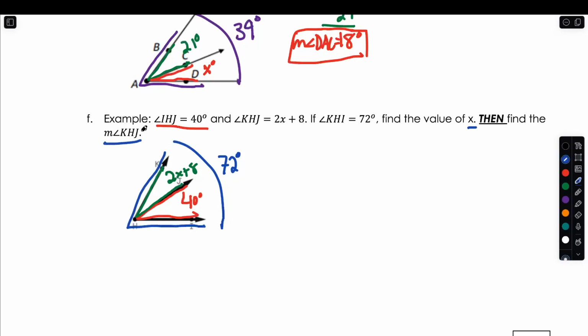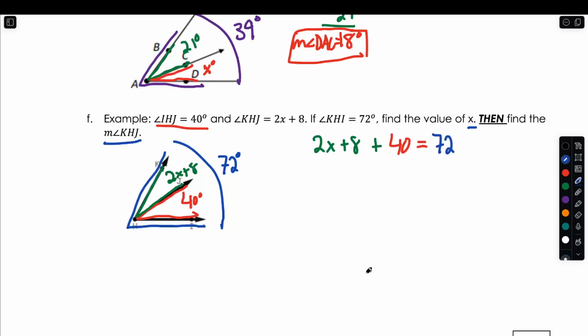Then the measure of angle KHJ. We're not at KHJ yet. We want to find X first. So we're going to set up our formula with that in mind. Start by adding the parts. So 2x plus 8 plus 40 is equal to the whole 72.